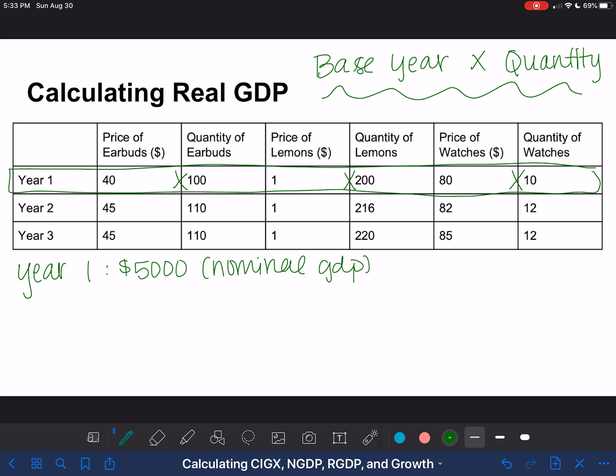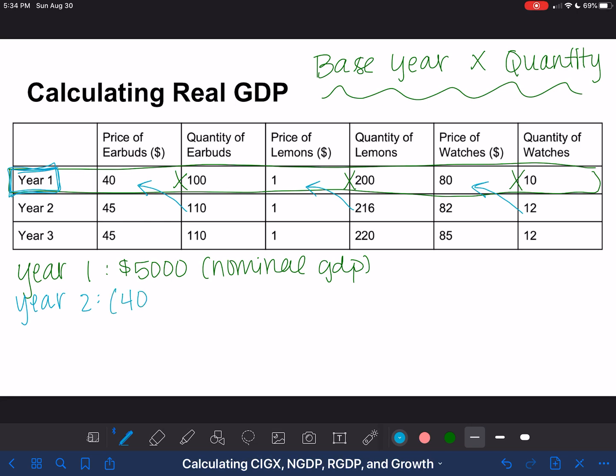Now let's figure out the real GDP for year 2. This is where we need to find our base year. Our base year is going to be year 1 here. So it's the base year price times the current year quantity. It's going to be 40 times 110 plus 1 times 216 plus 80 times 12.